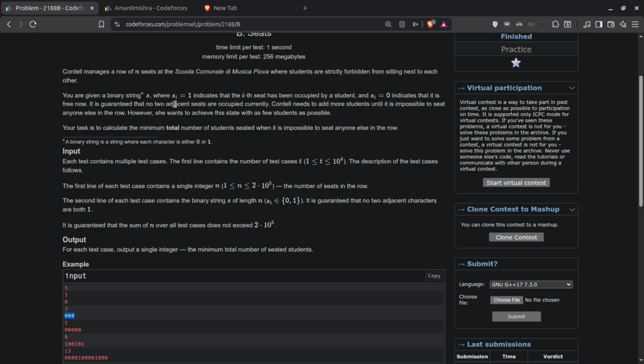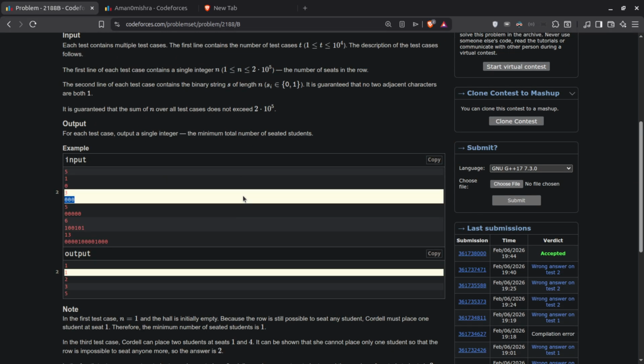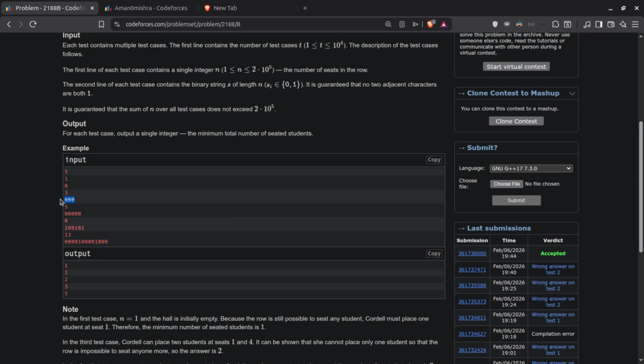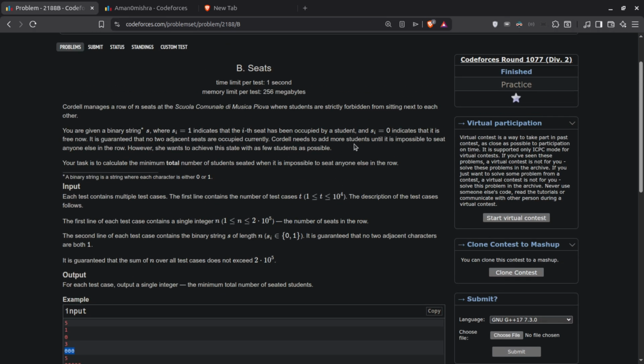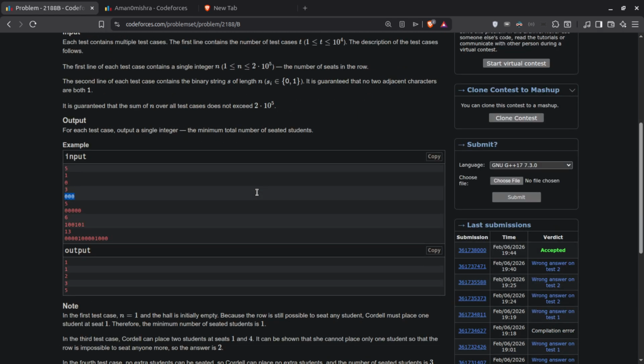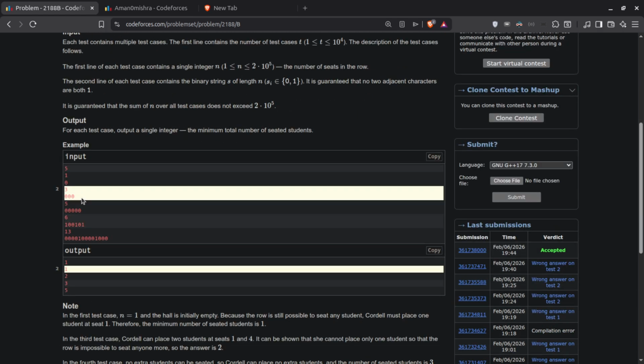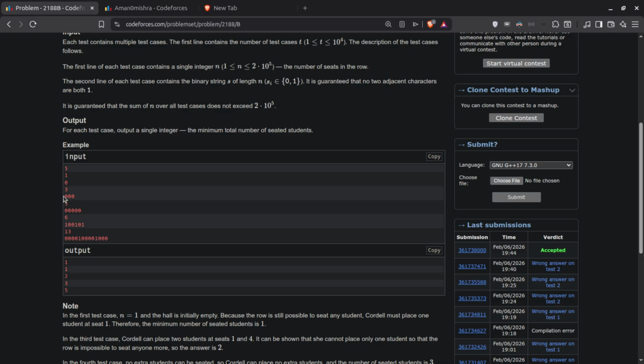It is guaranteed that no two adjacent seats are occupied currently, so something like 1 1 0 is not possible. We add more students until it is impossible to seat anyone else in the row. However, she wants to achieve this state with as few students as possible, the fewest students we can seat in this row.